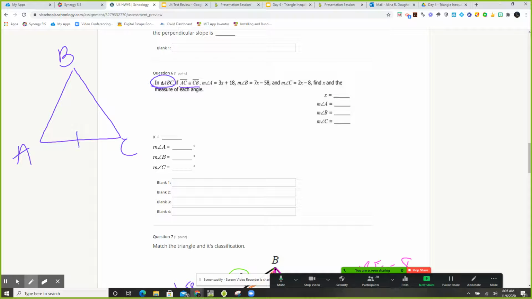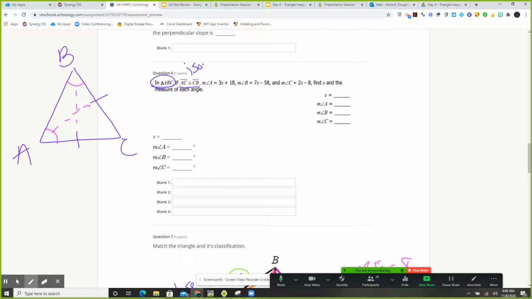So AC is a side. I'm going to label that. And CB is a side. I'm going to label that. What kind of triangle do I have? Because AC equals BC. Isosceles. Okay, so it's an isosceles triangle. Which two angles are going to be congruent in an isosceles triangle? What can I do with those sides that are equal?